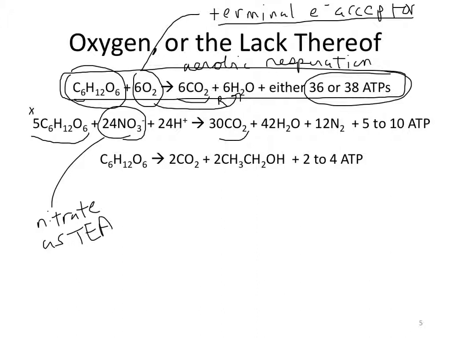There's no oxygen used in this process. So nitrate is reduced, and we're generating ATP in this process, and that would be a type of anaerobic respiration.